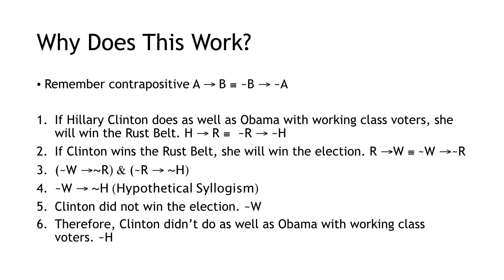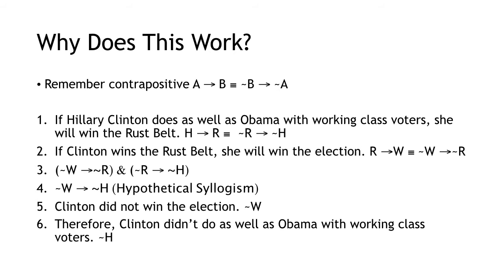Premise 2, if R, then W. Well, the contrapositive, if not W, then not R, we can treat the same way. So from premise 1, we get if not R, then not H. From premise 2, we get if not W, then not R.